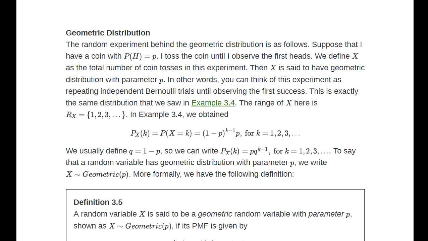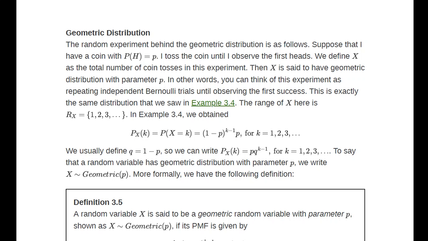Then X is said to have a geometric distribution with parameter p. In other words, you can think of this experiment as repeating independent Bernoulli trials until observing the first success. This is exactly the same distribution that we saw in Example 3.4. The range of X here is 1, 2, 3 and so on.